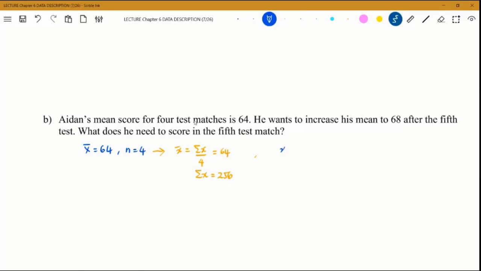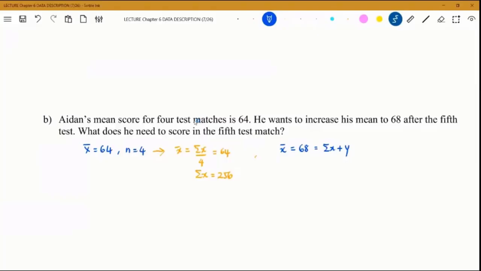So now to find the 5th test. He wants the new average to be 68. So this 68 comes from summation X plus the fifth score, divided by the new number of tests. So from 4 it becomes 5. Okay. So summation X is 256 plus Y, over 5, equals 68.